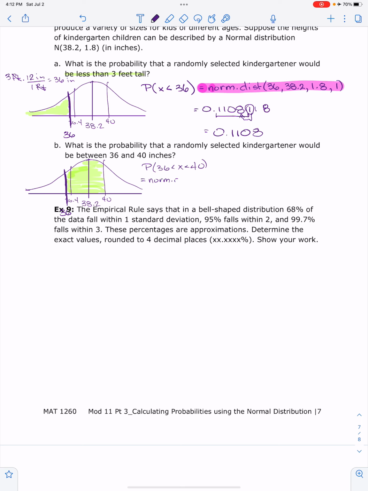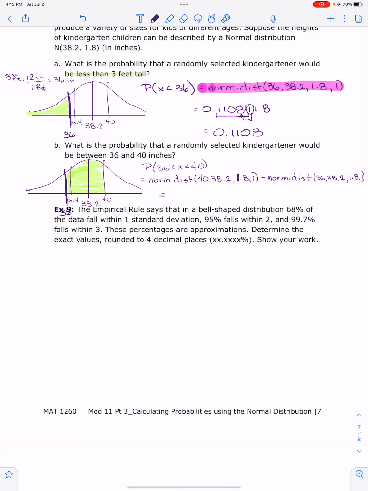So the probability that we have a kindergartner between 36 and 40 inches is going to be my norm.dist. I have 40, a mean of 38.2, standard deviation of 1.8, my cumulative of 1, minus norm.dist. of 36, 38.2, 1.8, and again the 1.